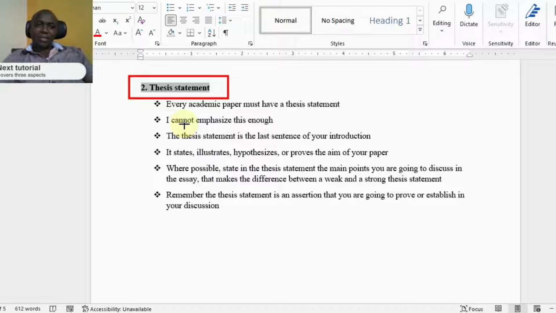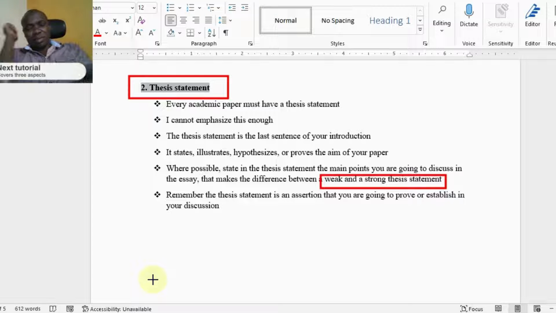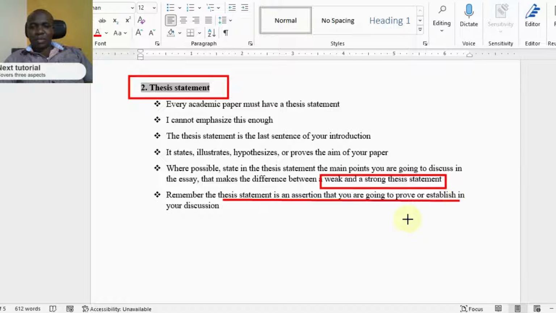We also have weak and strong thesis statements. How do you know that this one is weak, this one is strong? I'll discuss that. But bear in mind that a good essay must have a strong thesis statement. I've also said that this statement is an assertion of what you want to establish in your paper, what you want to discuss in your paper.